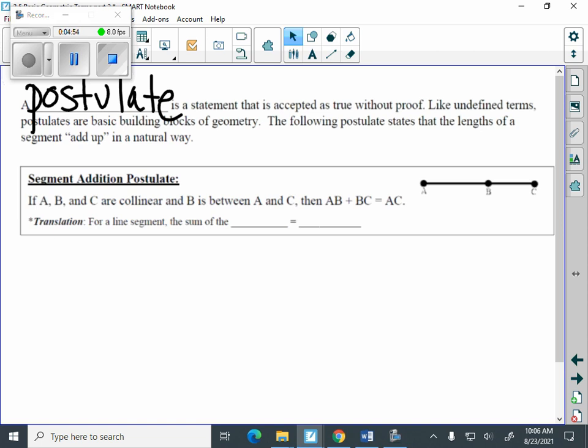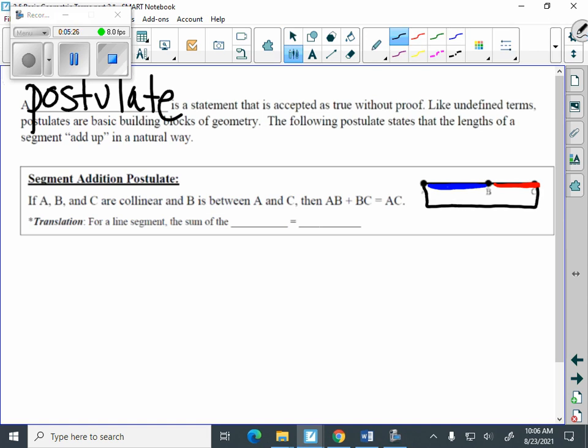If A, B, and C are collinear, which means that they're all on the same line, and B is in between A and C. It doesn't have to be right in the middle, but it has to be in between A and C. Then we can say that the length of AB and the length of BC add up to be the length of the entire segment.